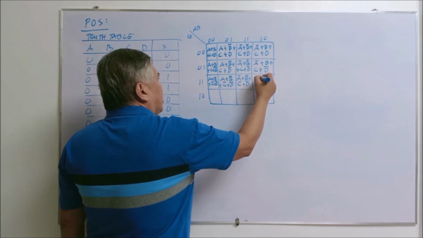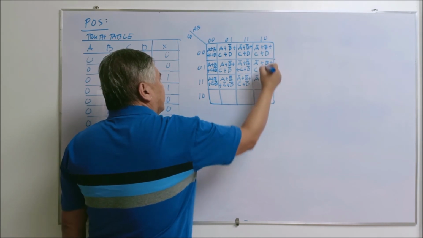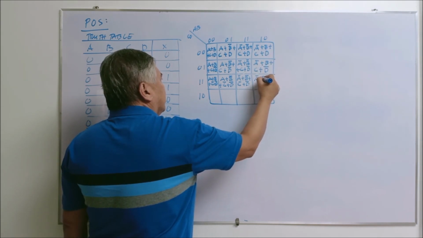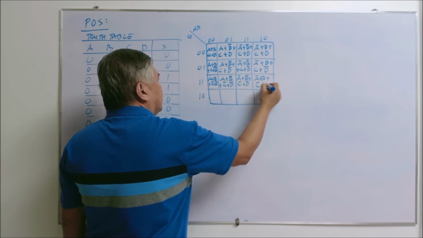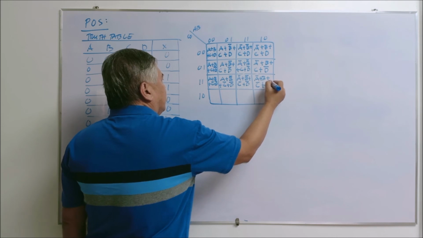Then you have A complement plus B plus C complement plus D complement.